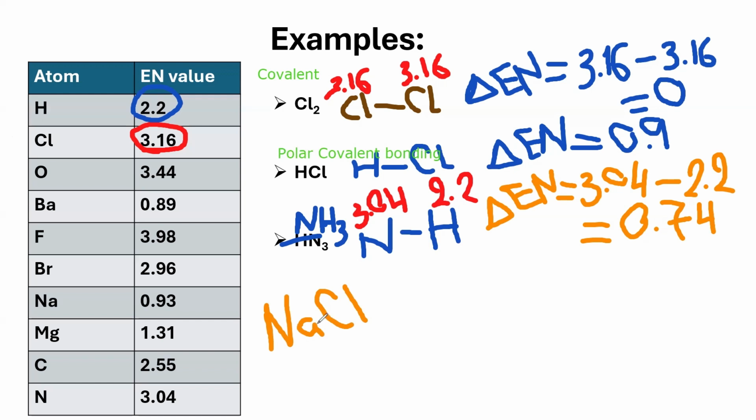Which is the NaCl bond. The electronegativity of sodium is 0.93 and of chlorine is 3.16.